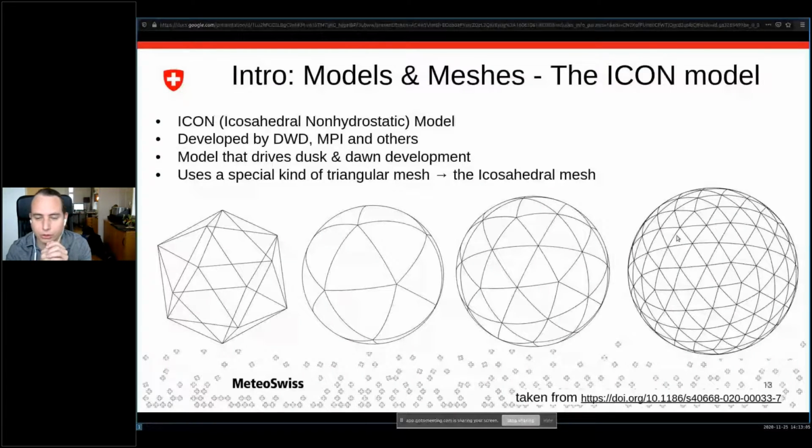Because the Icon model, which is the model we are most interested in over at MetaSwiss, because this is also the model which drives the current development of Dusk and Dawn, uses this icosahedral subdivision. So how does this work? Here we assume that the Earth is an icosahedron in the first step, which is nothing but a 20-sided dice.